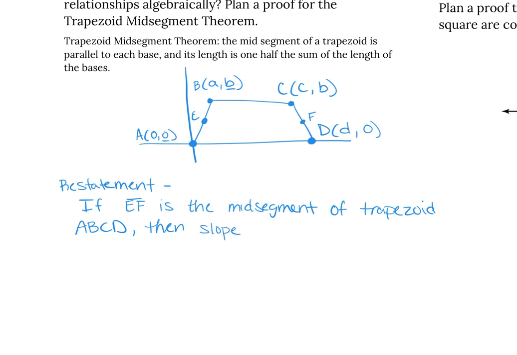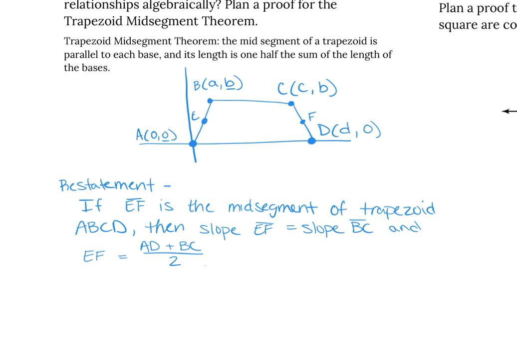So that means my slope EF would be equal to the slope for BC. And that my equation for EF is that it would equal A and D, my base, plus my top, BC, added together and divided by 2.